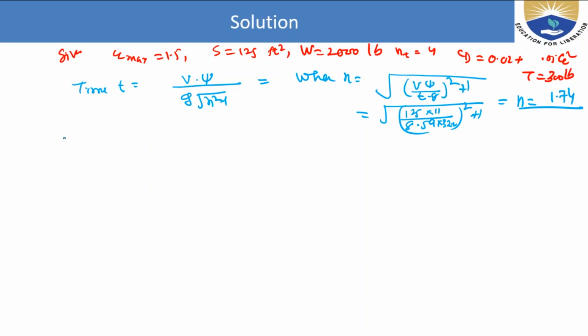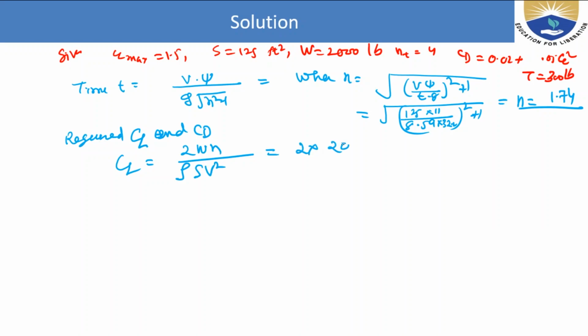So required CL and CD. CL is equal to 2 W n divided by rho S V square. 2 into weight is 2000, n is equal to 1.74, divided by 0.002377 into S is equal to 125 and V is equal to 125 square.